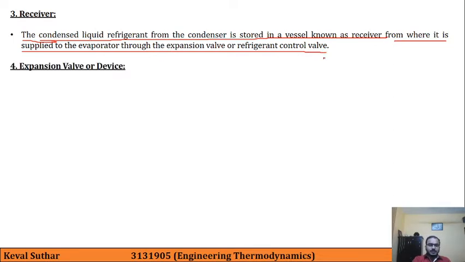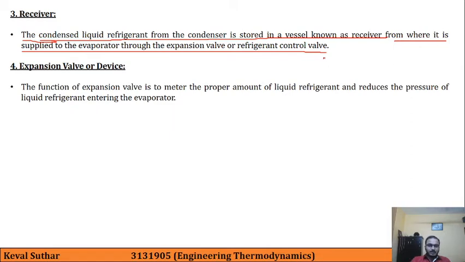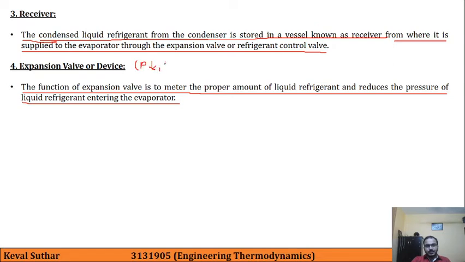Next is the expansion valve or device. The function of the expansion valve is to meter the proper amount of liquid refrigerant and reduce the pressure of the liquid entering the evaporator. So here pressure is reduced, there is not much change in temperature, and it remains liquid.